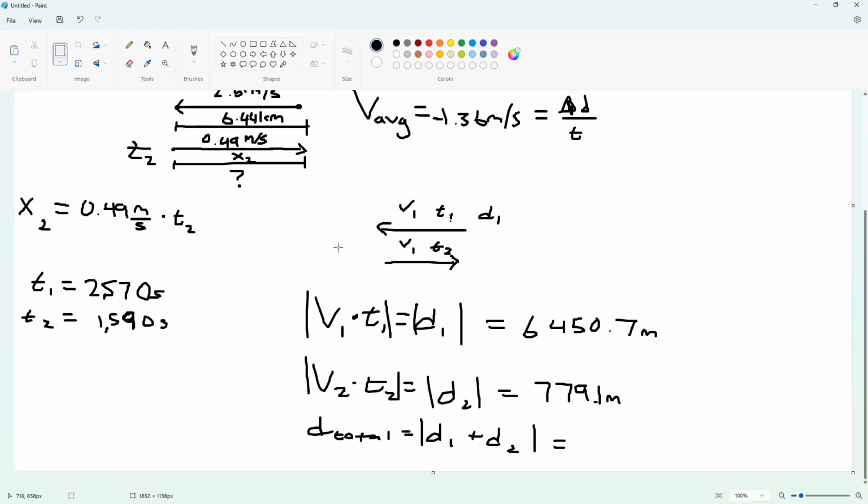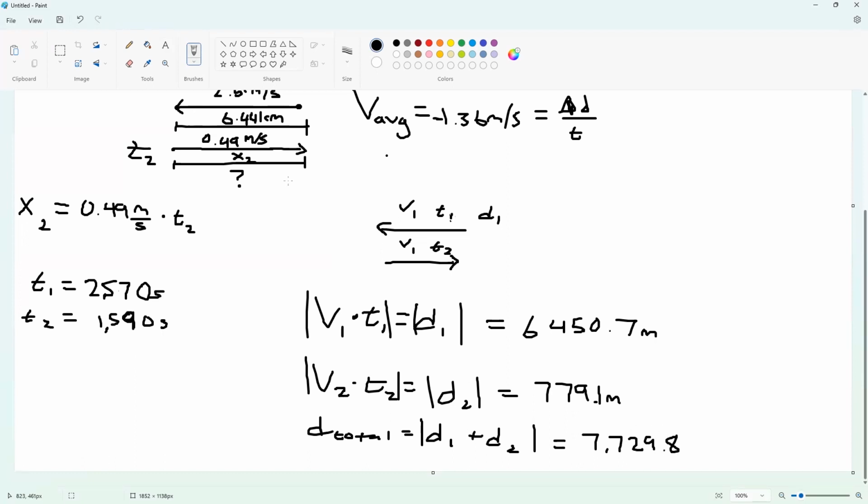You add those two numbers, the 6,450 and the 779.1. Well, you wouldn't subtract them. Actually, you would get displacement from that. 7,229.8. And that would just be distance.